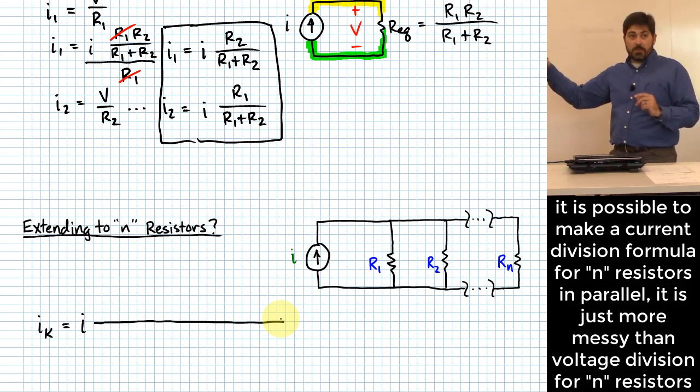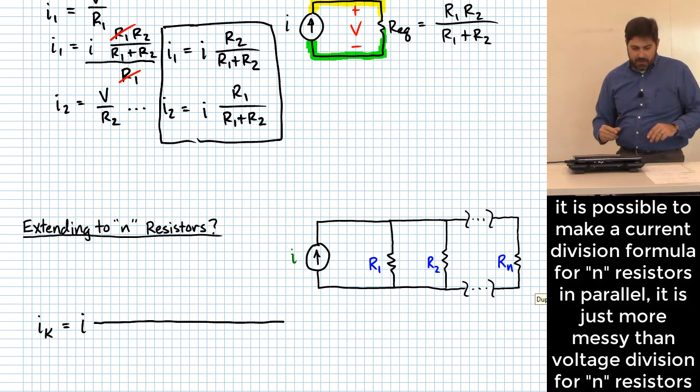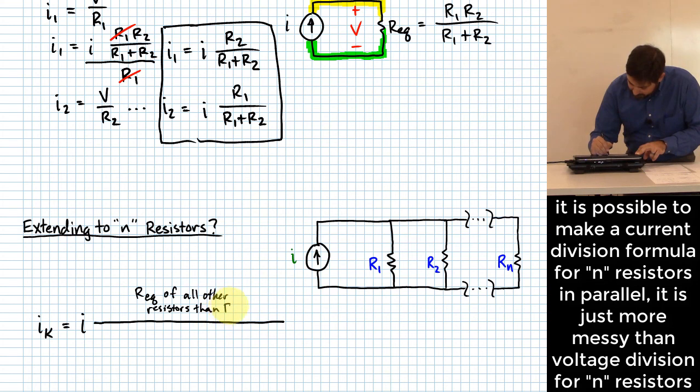Right? So if you think about dropping it down into that kind of a form, what you could end up saying is that we would have the equivalent resistance of all other resistors than RK.